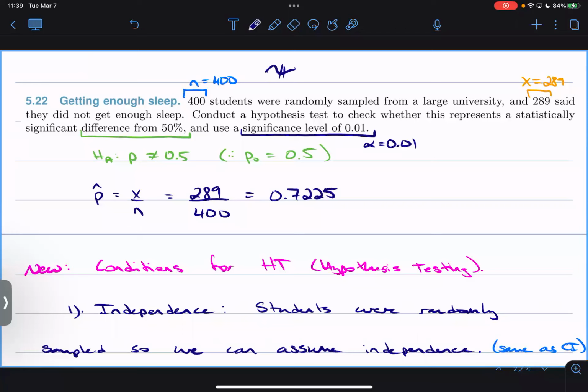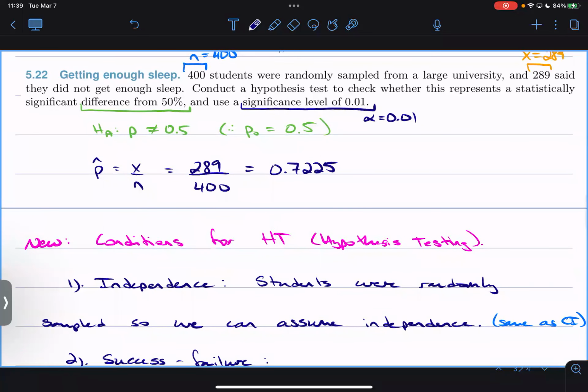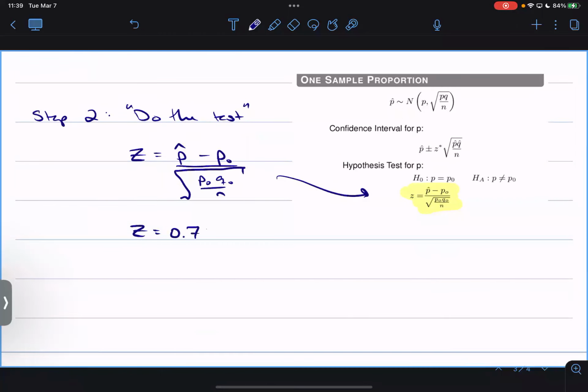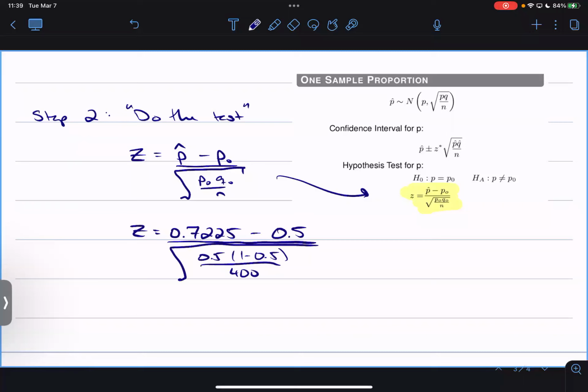Phew. So I have P hat, I have P naught. Now that's all I need, right? I have N. Q naught is 1 minus P naught, right? So we're ready to rock and roll here. 0.7225. How far is it from 0.5? When the spread is 0.5 times 1 minus 0.5 divided by N, which is 400.